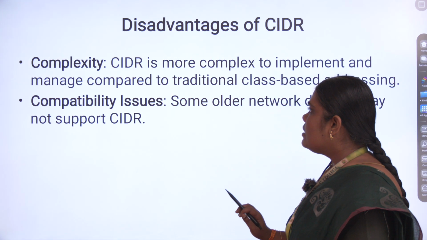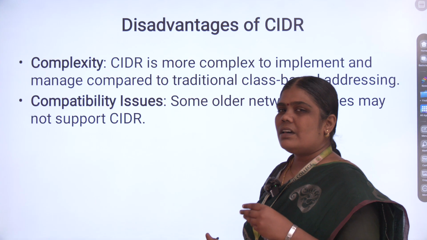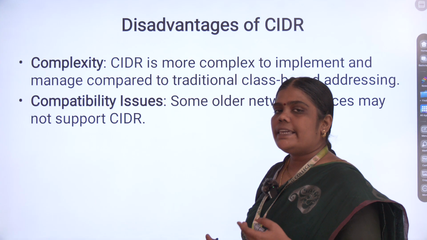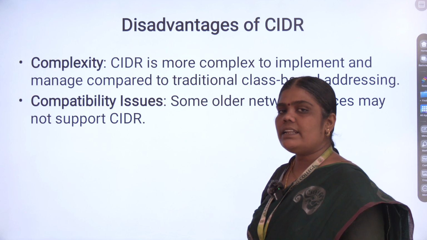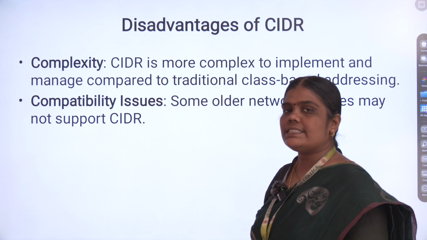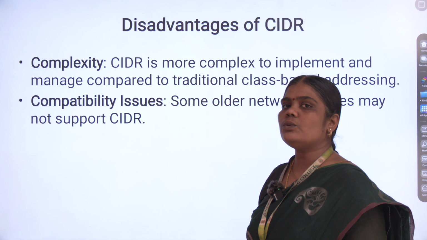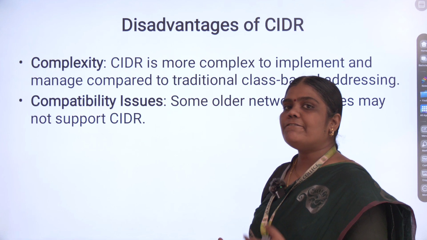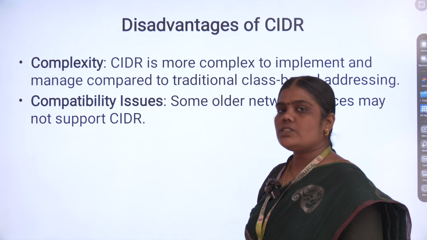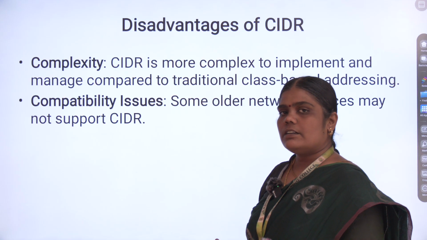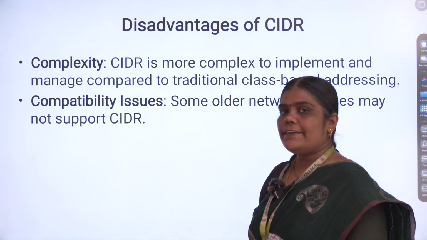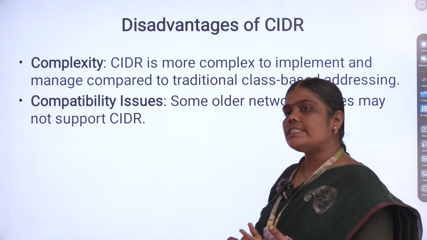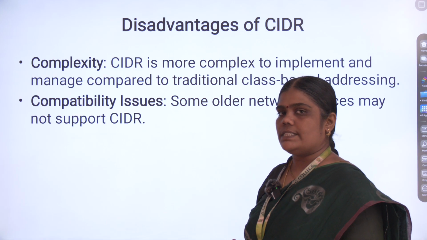Complexity. It is complex because, for example, if network A has 92 devices connected and network B has 10 devices connected, a router has to form an algorithm and forward the packets based on that network address. First I said 256, right?